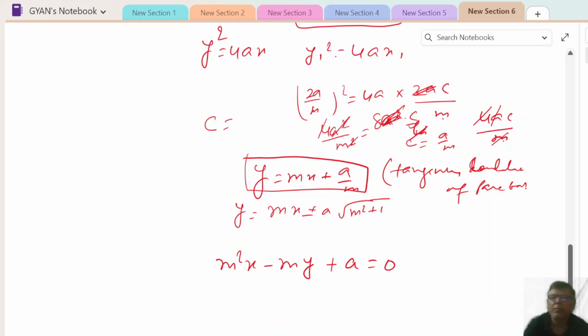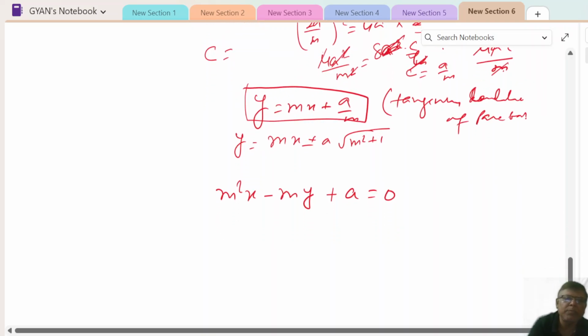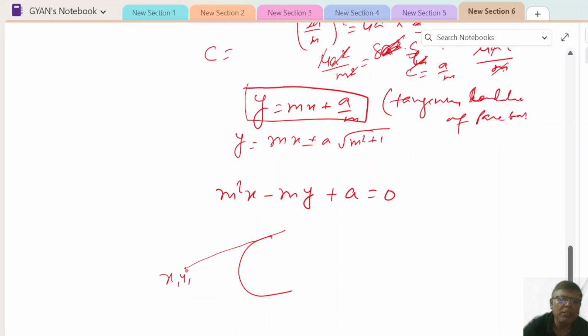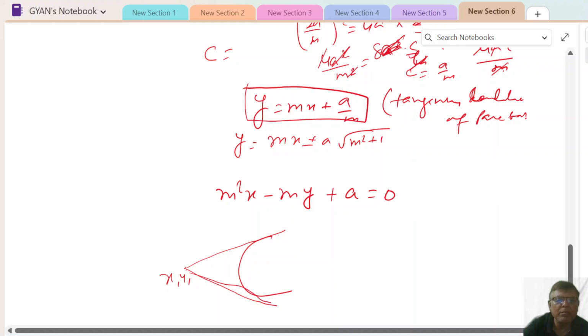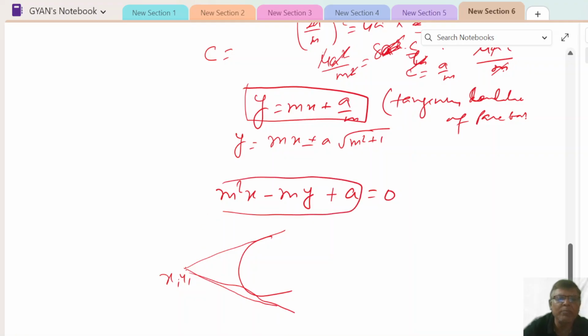Suppose this point is outside the parabola, that is x1, y1. From there a tangent is drawn, and one more tangent can be drawn here. So this equation will give you, if we put x1, y1 here, m square x1 minus m y1 plus a is equal to 0.